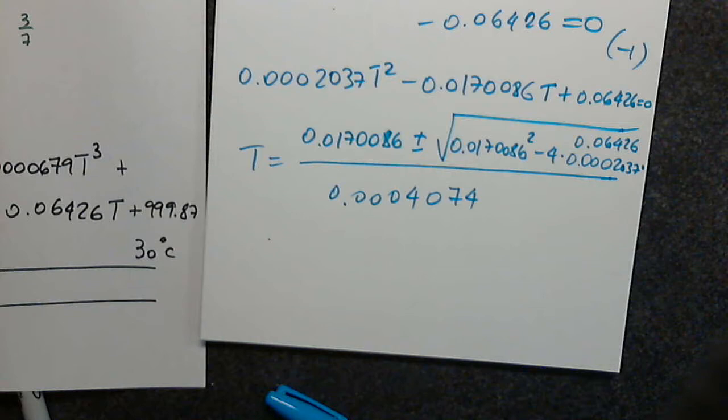Close the parenthesis, go outside, close the parenthesis, and divide by 0.004074. And the other one with a negative.